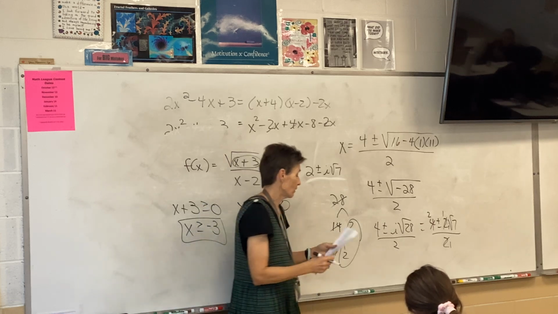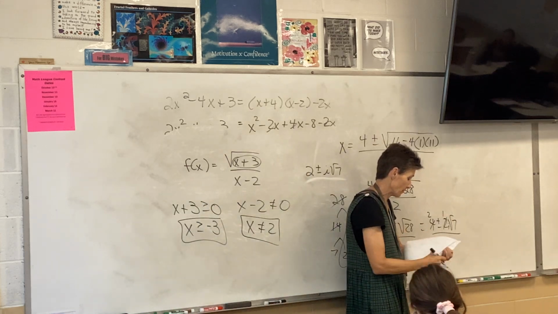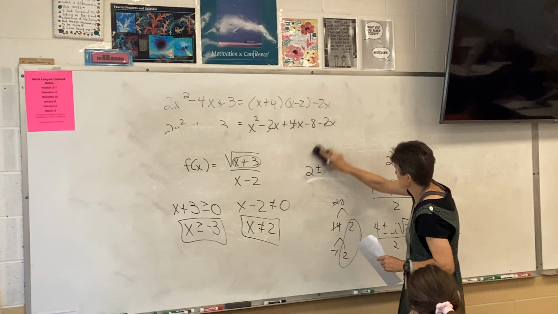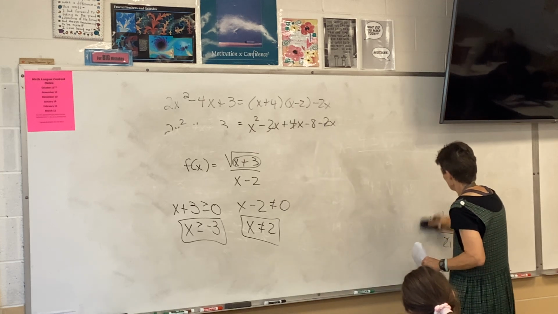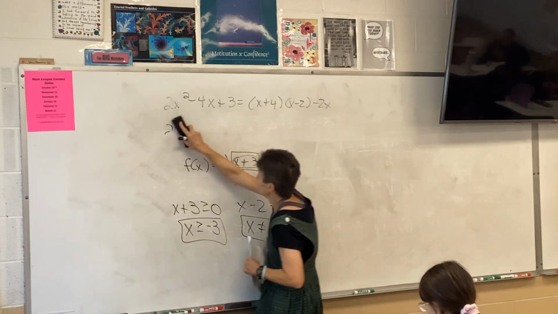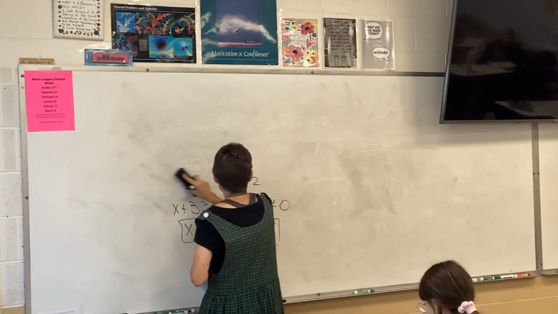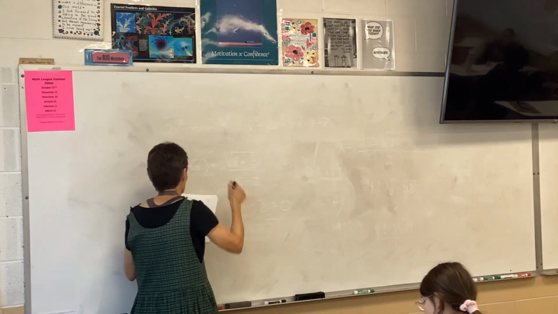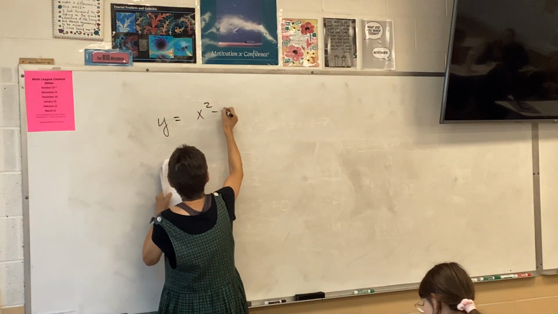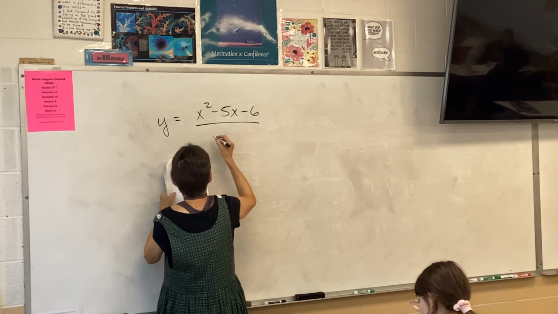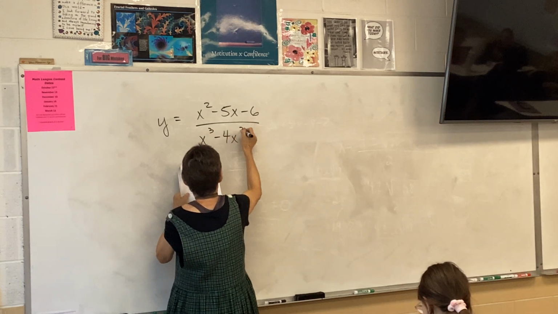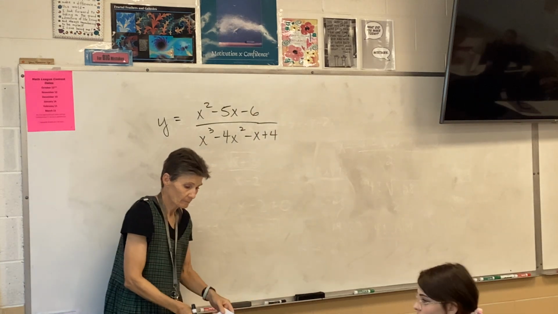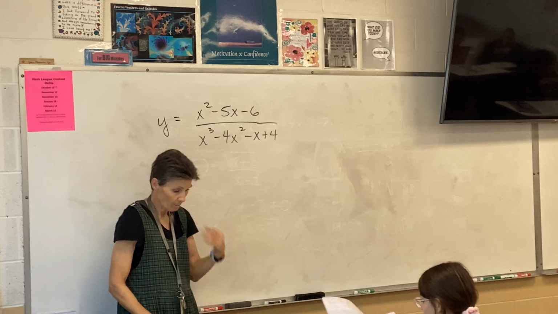All right, here we go. Picking up where we left off yesterday, which was with vertical asymptotes. Now we're on page 9.